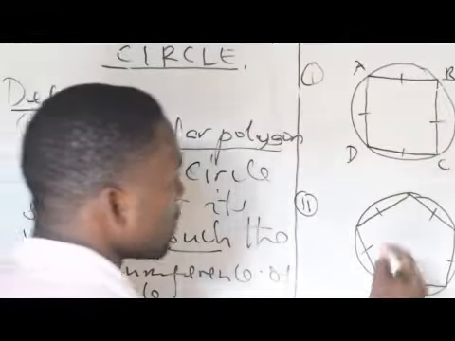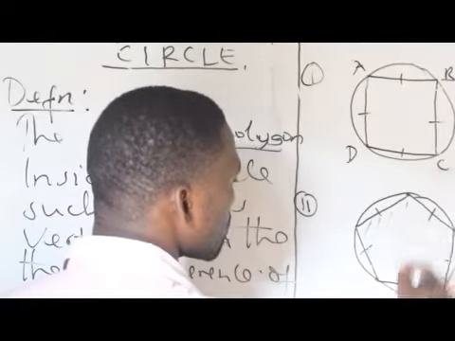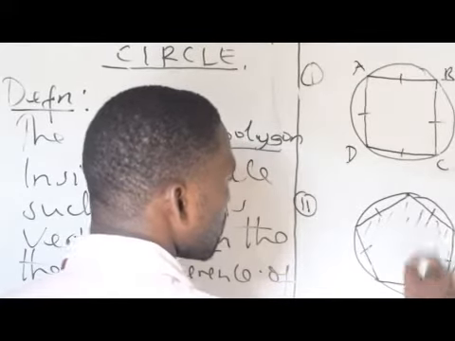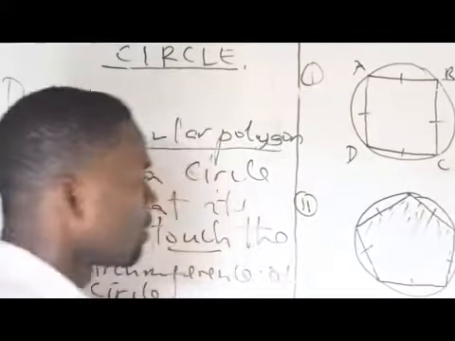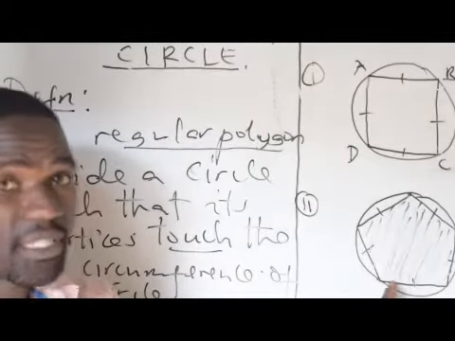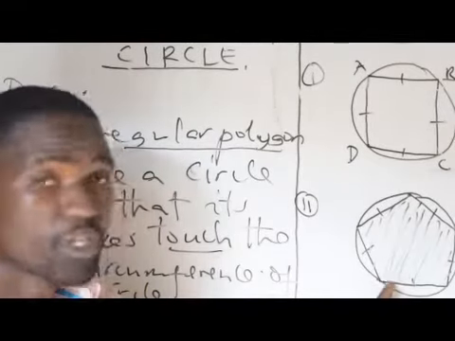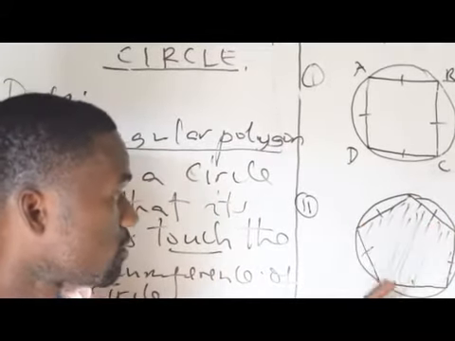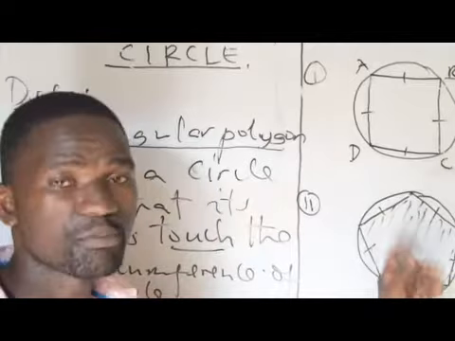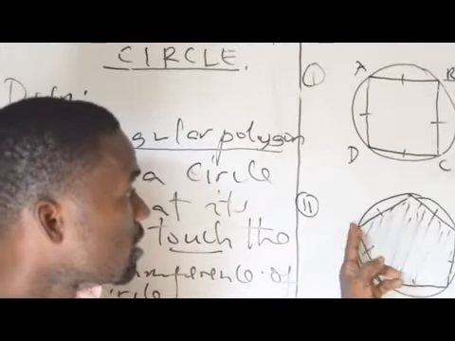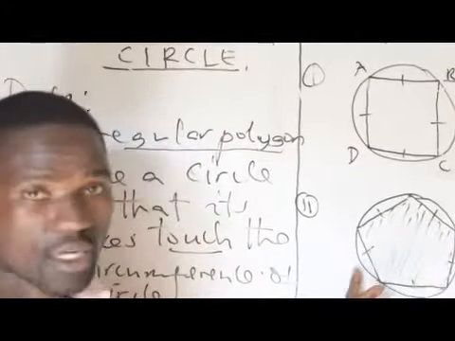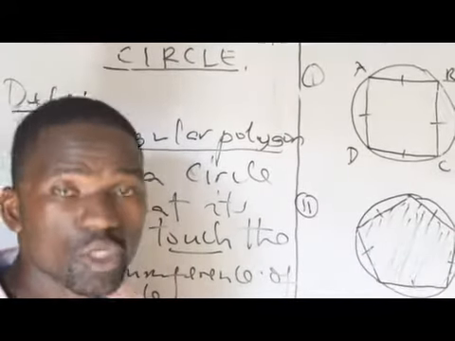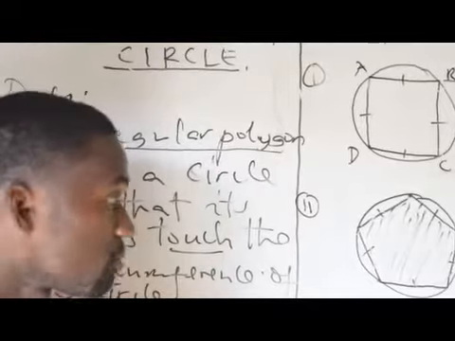So we have five-sided shapes of equal lengths. One side, two, third, fourth, fifth. So this shape inside is a pentagon, and you see the vertices touch the circumference of the circle, therefore this one is called the regular pentagon inscribed in a circle.